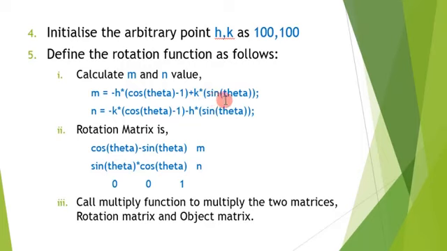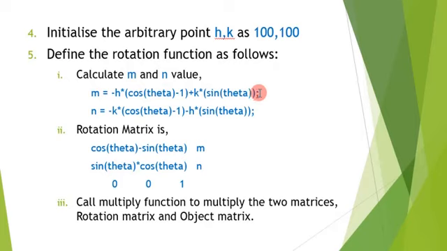So H and K is the original axis, already given, X and Y for the original, and M and N are the rotated triangle axis. So we have to find the rotated triangle axis. For that, we are going to use the following two equations, to find the x-axis of the rotated triangle, which we are denoting as m.